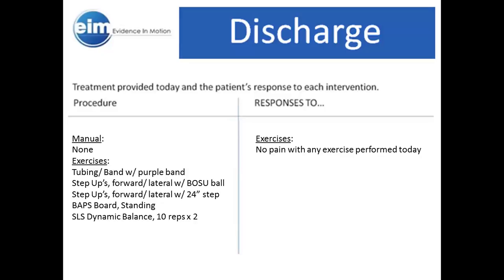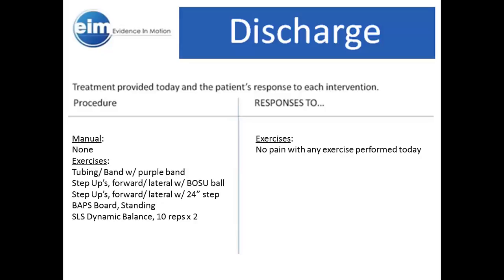So we did tubing exercises, or the band exercises with the purple band, quite a bit of resistance. We had him step forward and sidewards again on the Bosu ball. Even had him step up forward onto a 24-inch step.